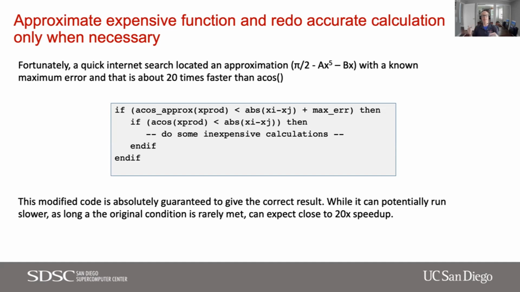And in the case where the arc cos of xprod is truly less than the difference between xi and xj, we just add a little bit of extra work. By doing this, we got close to a 20x speedup, since this condition is so rarely met.